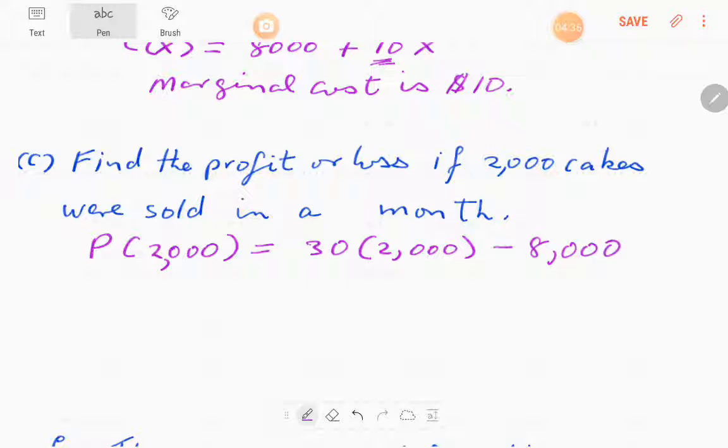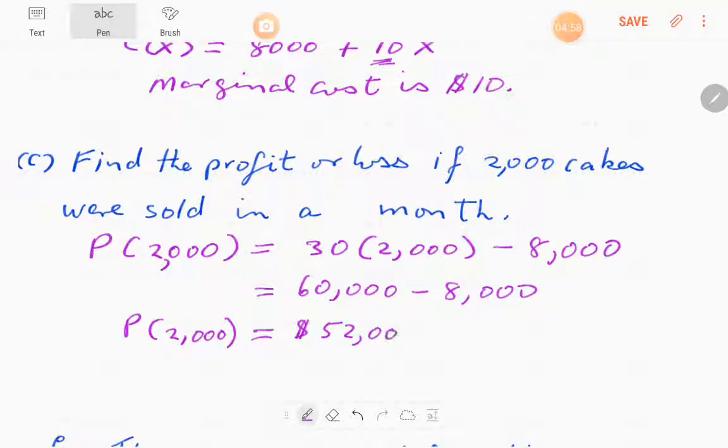So here we'll have 60,000 minus 8,000. So our profit when 2,000 cakes are sold would be $52,000. Okay, that's it for this example.